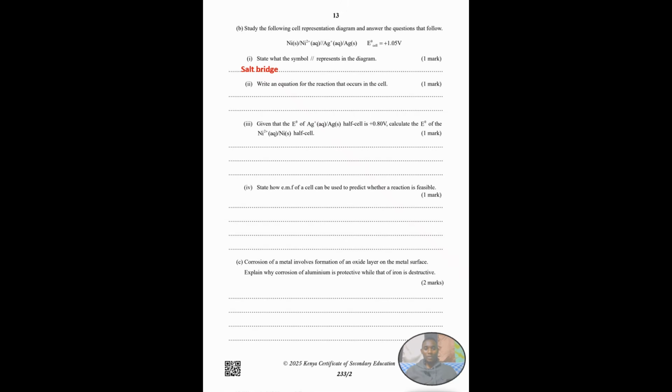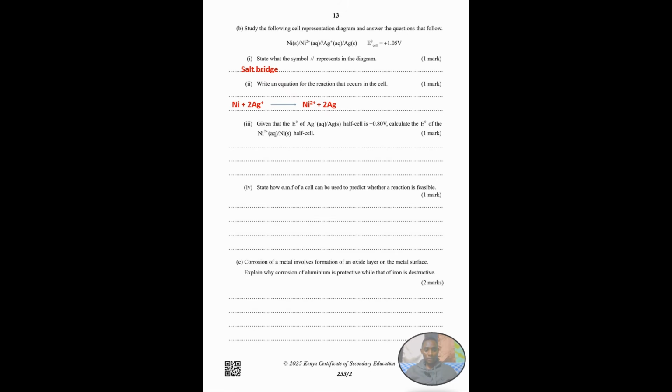So we are going to start with nickel as a metal and silver in ion form, and we're able to obtain nickel in form of ions, aqueous, and silver as a solid, and from there we write the cell EMF.